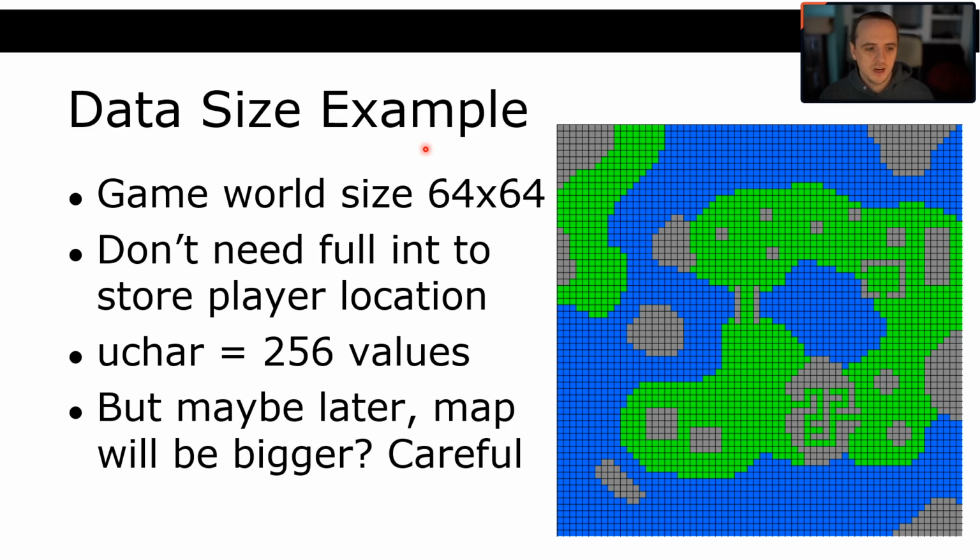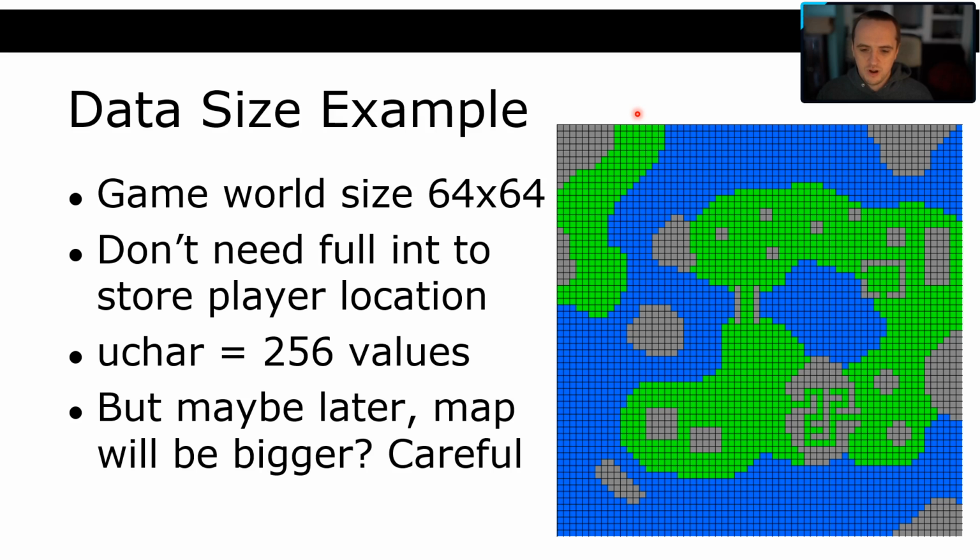But be very careful when you're making optimizations like this. Don't prematurely optimize things. Because, for example, if we thought that the biggest world was going to be 64 by 64, and so we come in and we change all our ints to unsigned chars, and now we have this really efficient data structure.